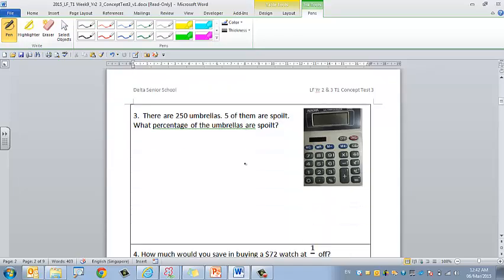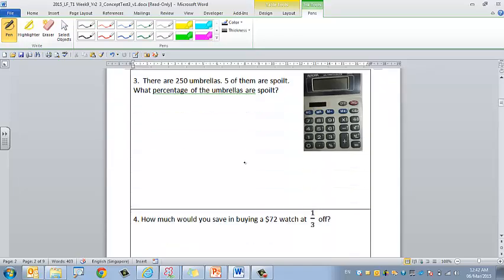Okay, question 3. There are 250 umbrellas. 5 of them are spoiled. What percentage of the umbrellas are spoiled? Okay, so for this, they want you to express in percentage. So we will look at the smaller number.